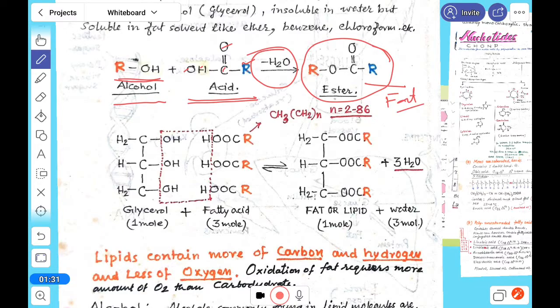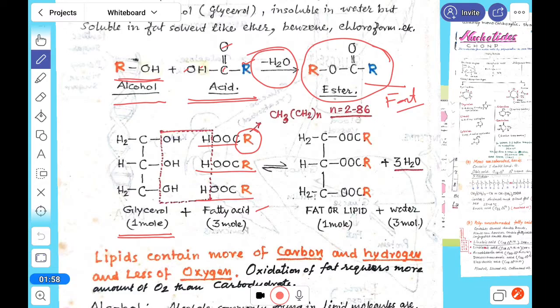Okay. Now, if I see the real example, here it is glycerol. Glycerol will always be there, but the fatty acid will change. So here the R will change. Here the fatty acid, three molecules, RCOOH, RCOOH, RCOOH, and here is the glycerol.